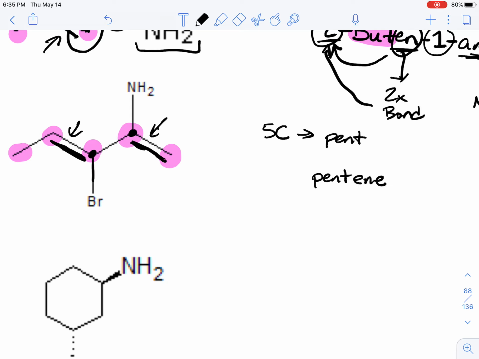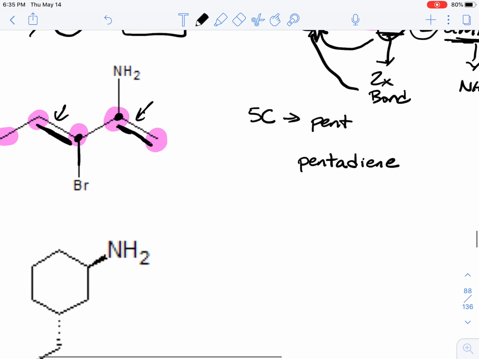But since I have 2 double bonds, I need to put in pentadiene. Okay. And so this is the presence of two double bonds. That's something that we covered in chapter 11. So pentadiene.